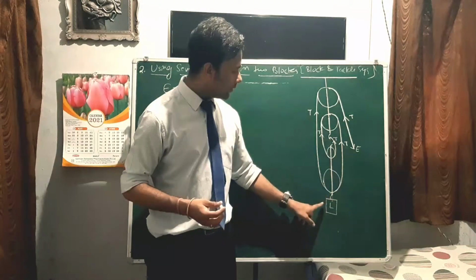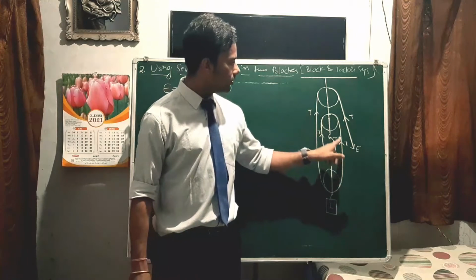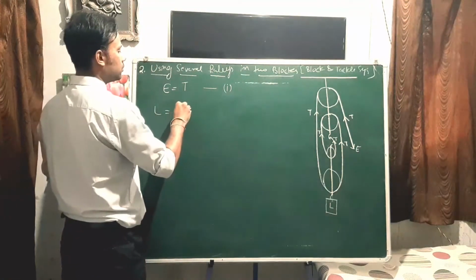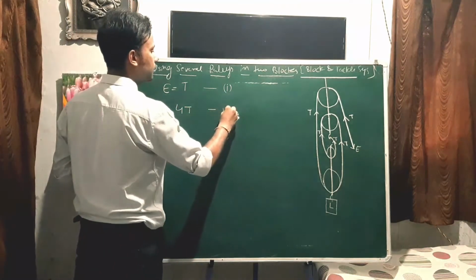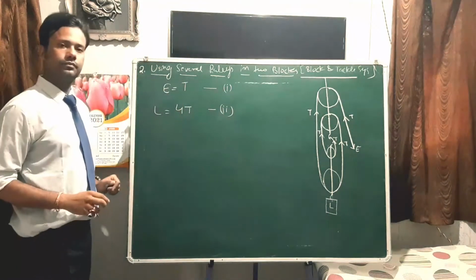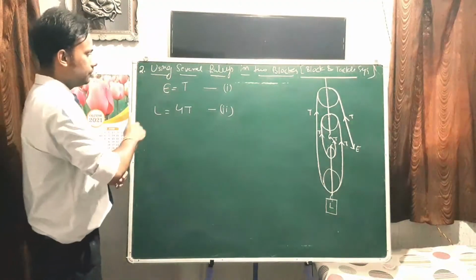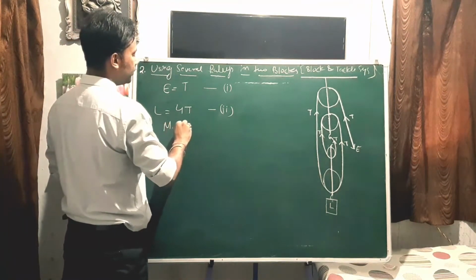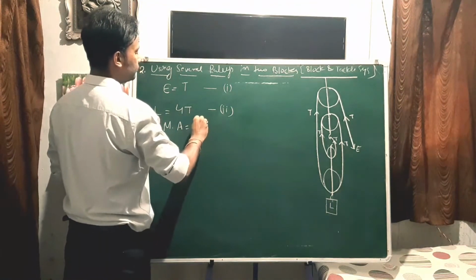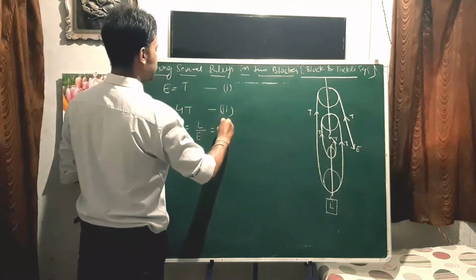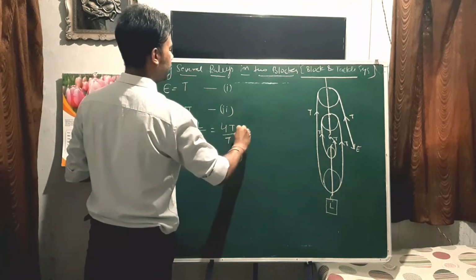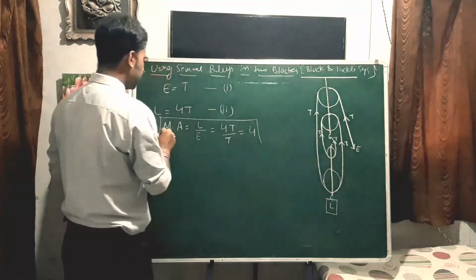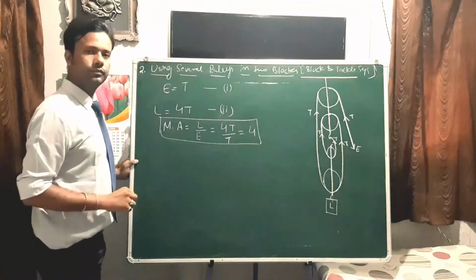Again you can see here, this load is balanced by 1, 2, 3 and 4 tensions. That means load is equal to 4T, equation number 2, right? So what will be the mechanical advantage? MA will be load upon effort, that is 4T upon T, which is 4. So in this case mechanical advantage will be 4, right?